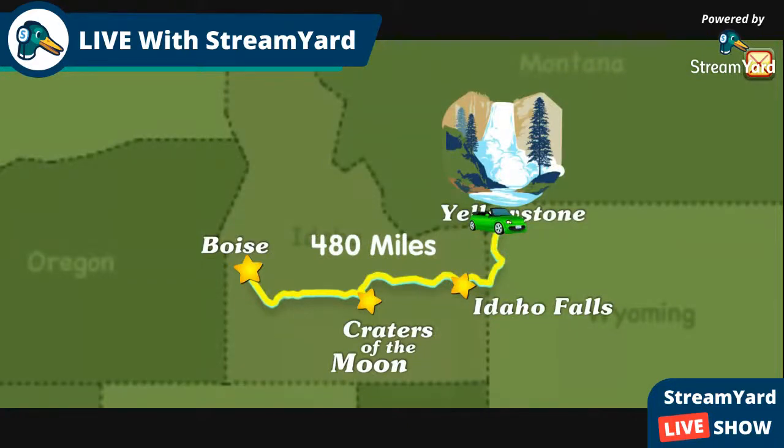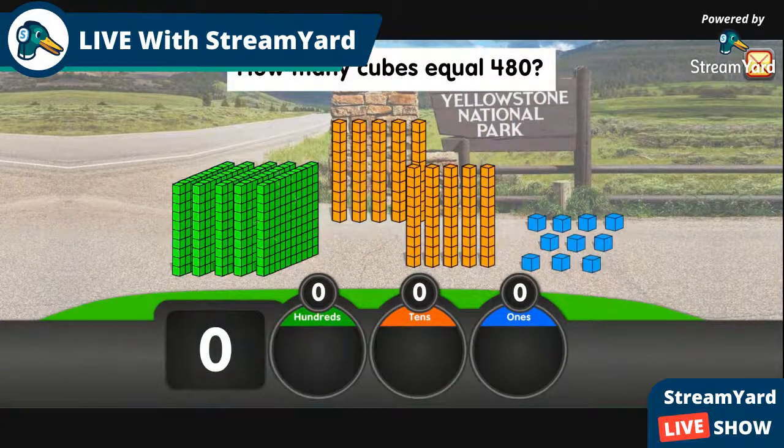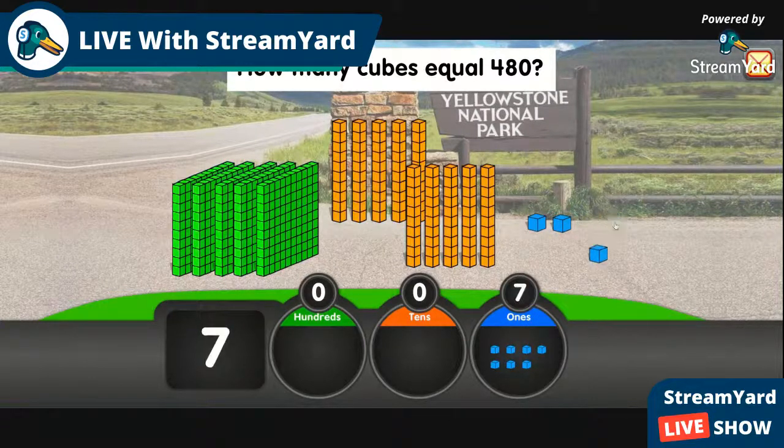We've driven 480 miles. How many cubes equal 480? 3, 4, 7, 8.